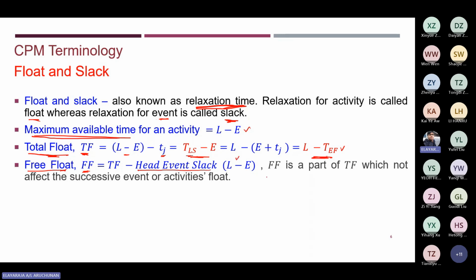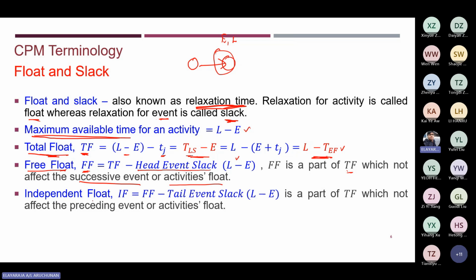If this is your network model, the head event slack you can calculate from here. You know the E and then the L, so based on this information we are able to calculate L minus E, so we are able to calculate the head event slack. The free float is also a part of the total float which does not affect the successive event or the activities' float. Remember that.